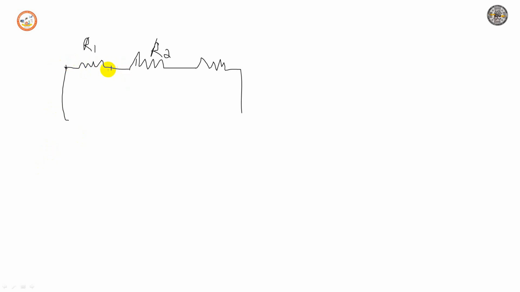One end is connected to the DC supply, and the other end of this resistor is connected to one end of resistance R2, and the other end of resistance R2 is connected to one end of resistance R3.